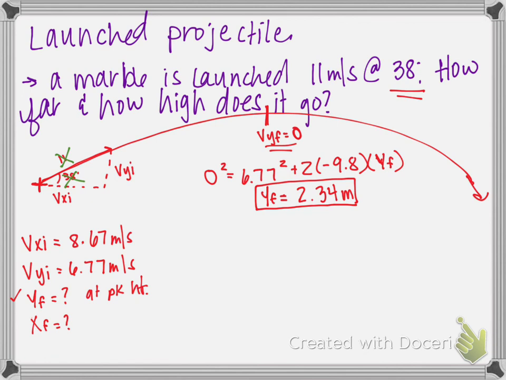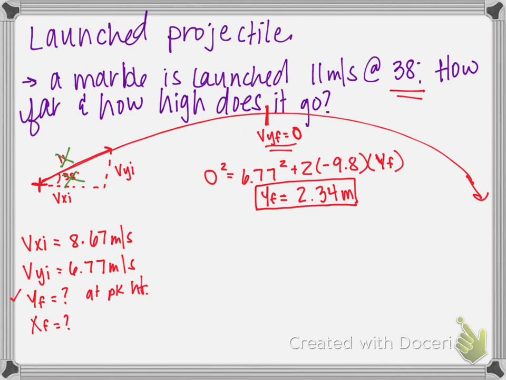So I want to make sure everybody's getting that to come out okay. Okay, is this what your equation looks like?